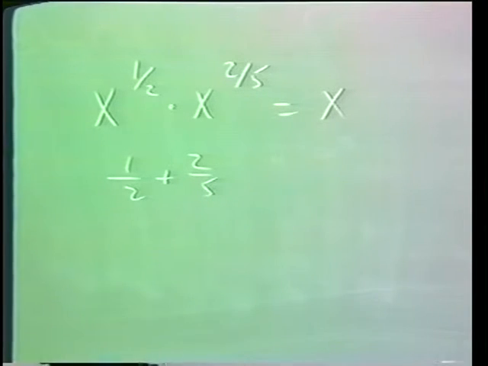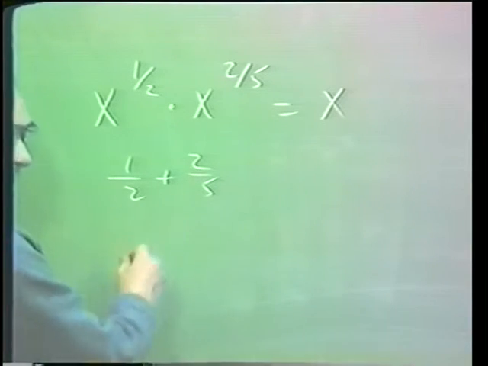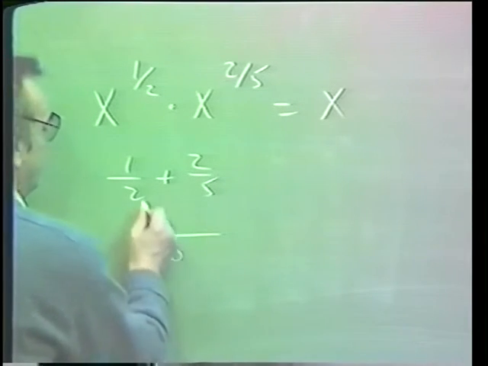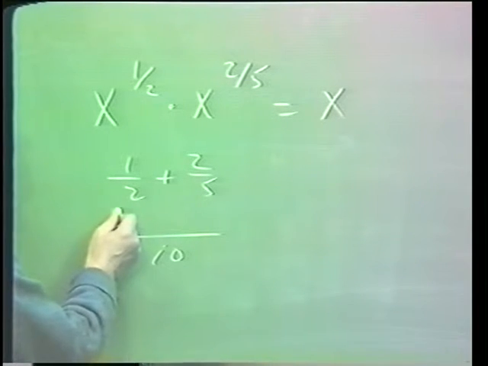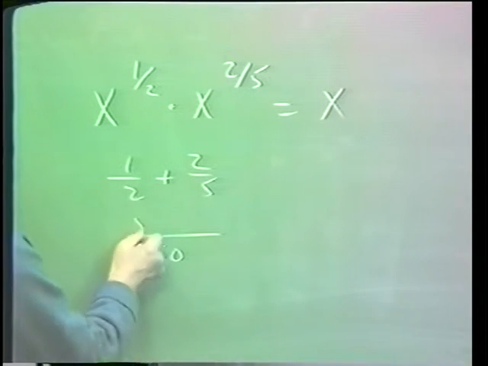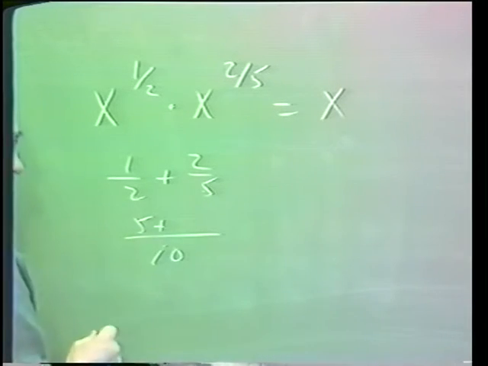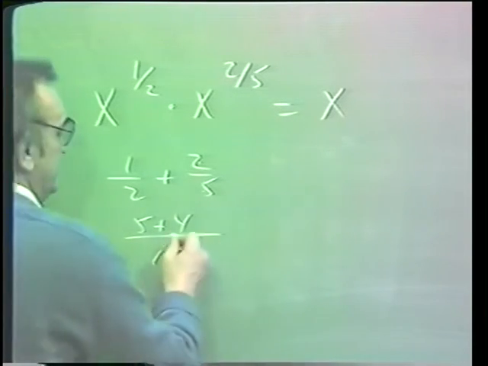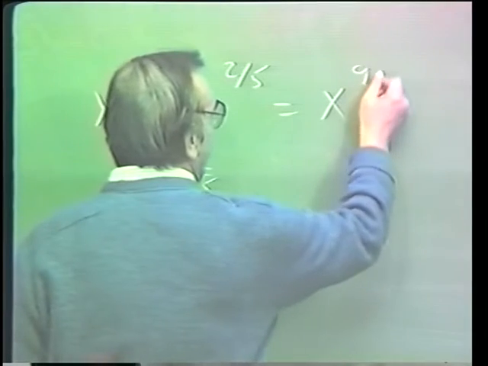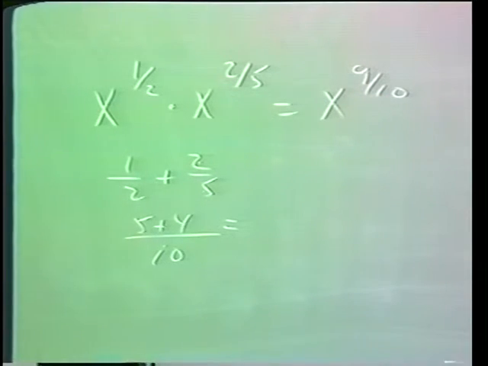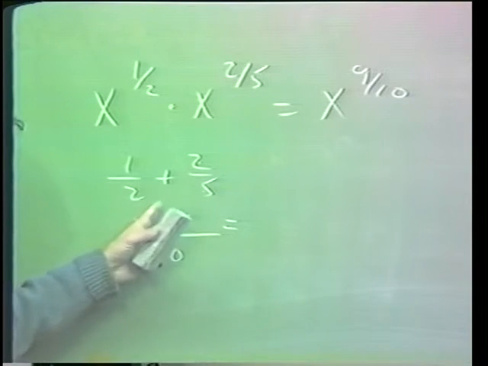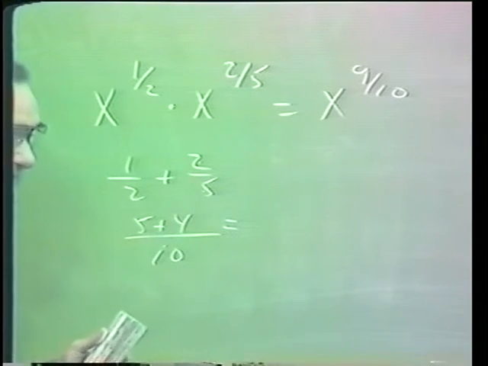Arithmetic problem. We have to find an LCD. What is the LCD? 10. That means I'm going to have to multiply this first denominator by what? 5, multiply the top by 5. Second denominator, 2, multiply the top by 2. I come out with 9/10. See, the rules didn't change. They still stay the same. Hopefully you know how to add fractions.